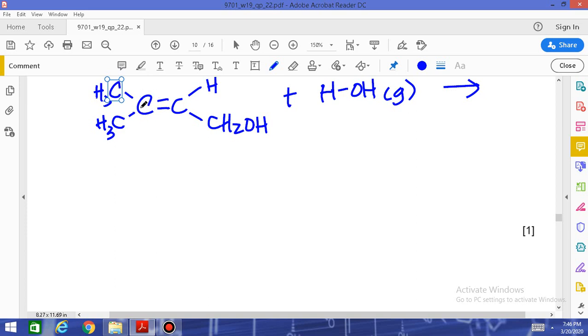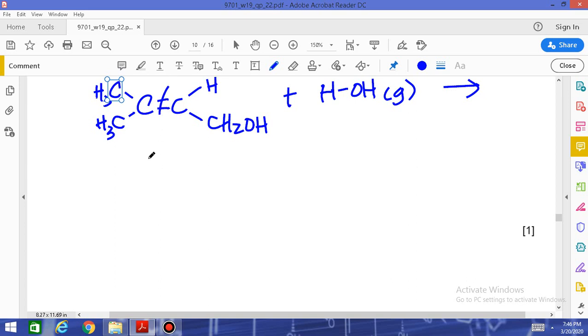This carbon atom is bonded to two methyls, while this carbon atom is bonded to one hydrogen atom and CH2OH. So its carbon atom from C double bond C has different functional groups, so two different products will be formed. In this case, the position of hydrogen and OH can be exchanged.